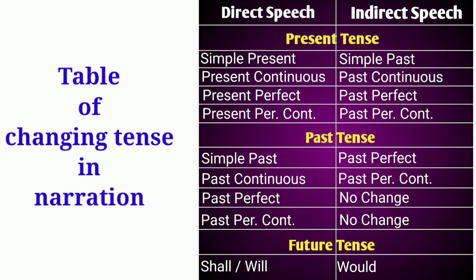We'll have to keep in mind this table while changing narration. But one condition is there. Before changing tense, we'll have to be sure whether reporting verb is in past tense or not. If it is in past tense, then only tense will be changed in narration.